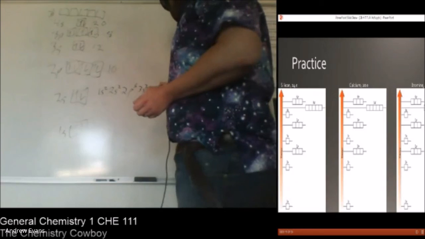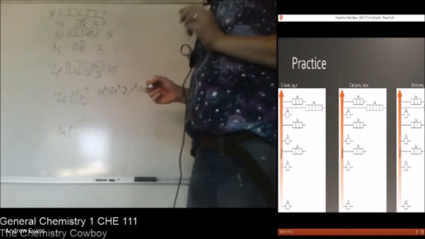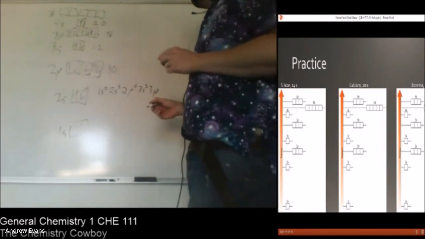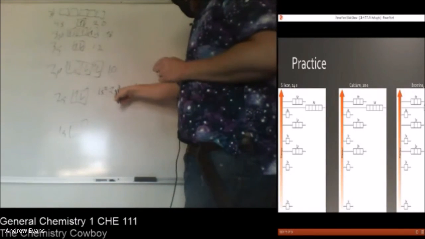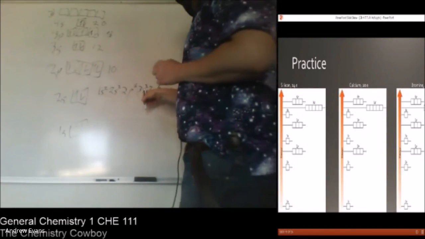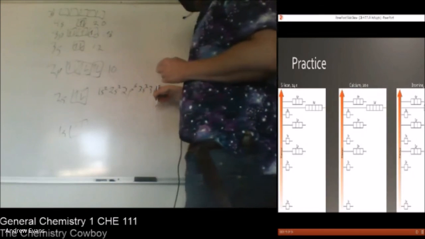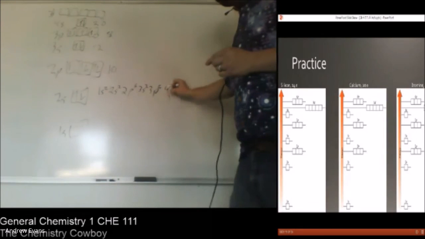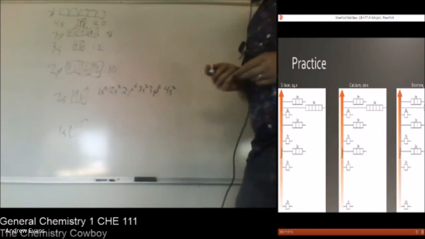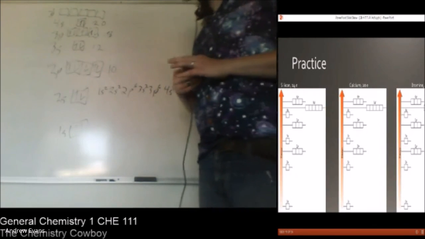So calcium has 20 electrons, filled in the 4s. So this becomes 1s2, 2s2, 2p6, 3s2. This is changed to 3p6, and I have to add 4s2.